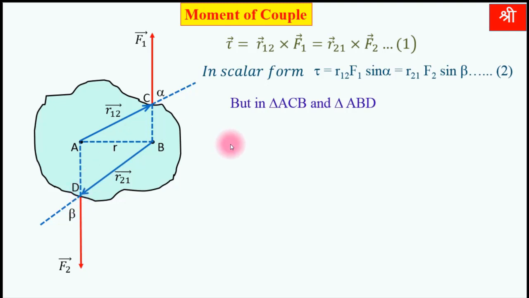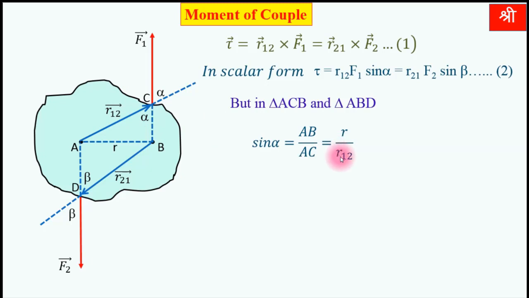And here we can write from trigonometry, these angles are alpha and beta respectively. We can write sin alpha equal to opposite side, meaning this R, upon hypotenuse, meaning R12, that is AB upon AC. AB is R, we are taking magnitudes only, and this AC is R12.